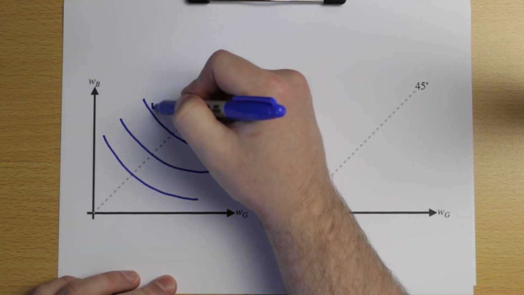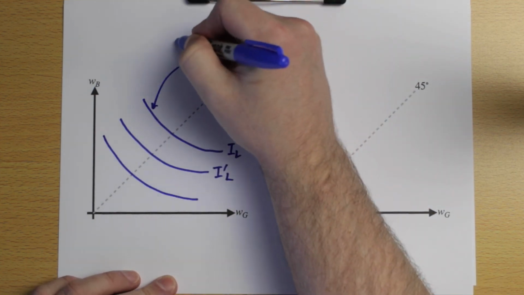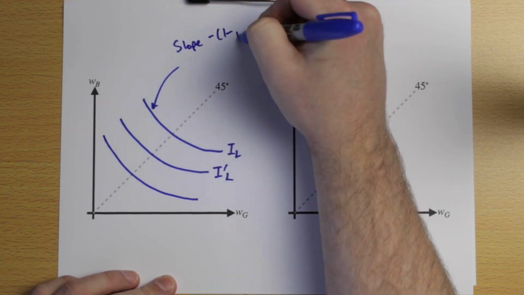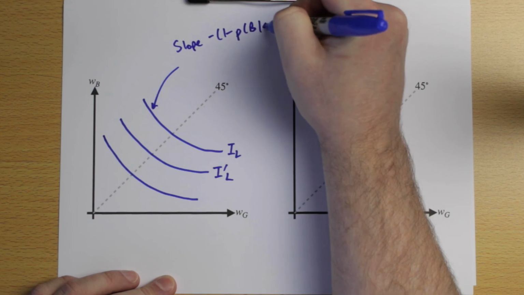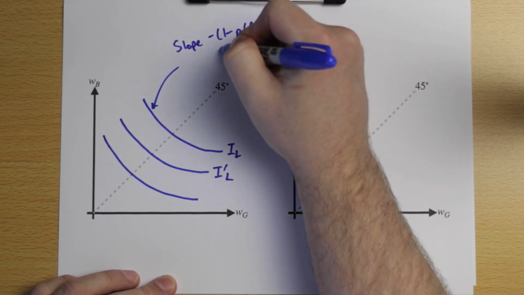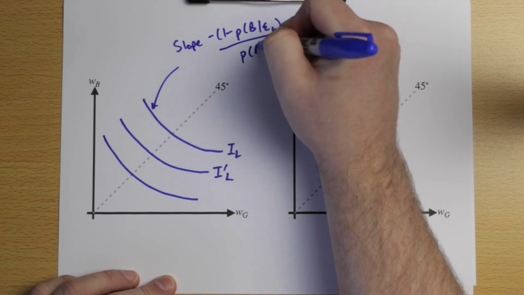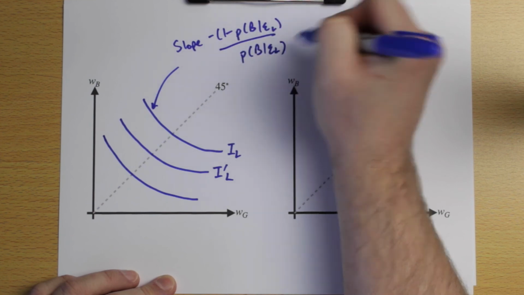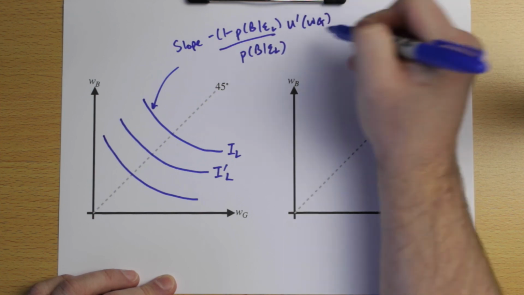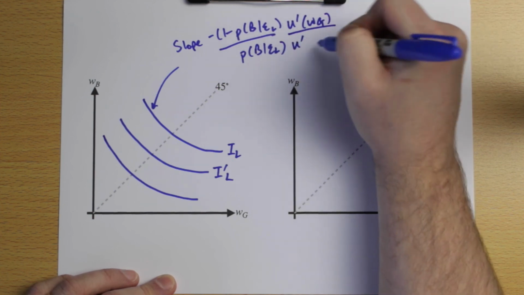Okay, and then the slope of these we know is minus 1 minus the probability of the bad state conditional on low effort, divided by the probability of the bad state conditional on low effort, and then multiplied by this ratio of marginal utility terms.